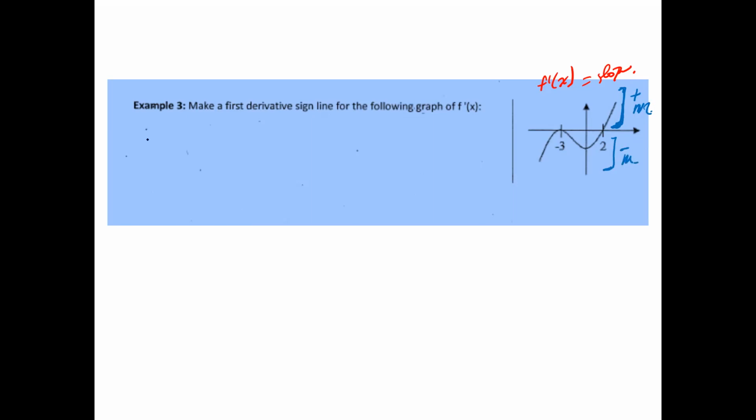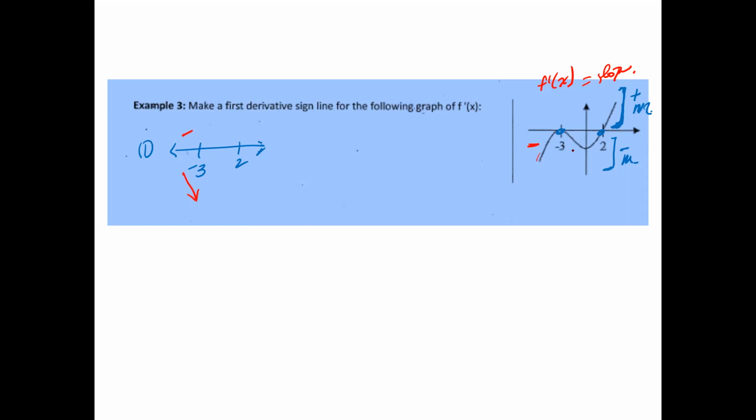Number 1, I'm going to make a sign line. If I take a look over here at my critical points, I have a -3 and a 2. On the left side of -3, it is below the 0, so that is a negative.